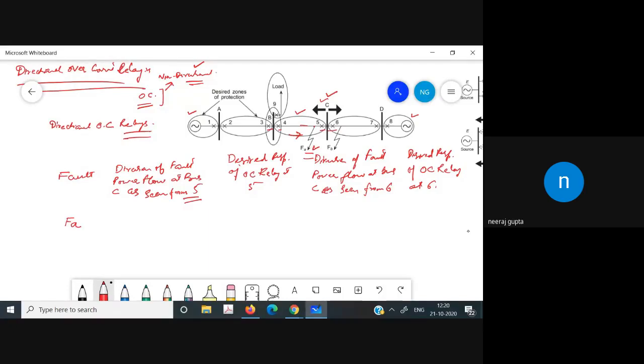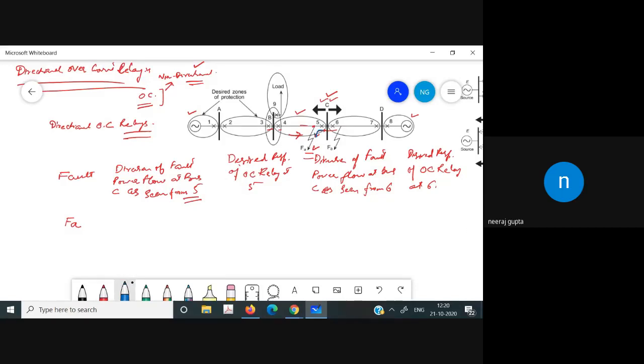It means that we have to see the power flow in relation to bus C. When the fault takes place here, the fault power will move from this point like that.